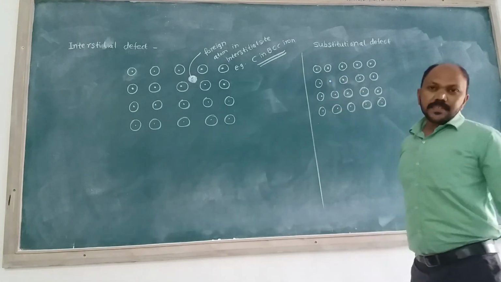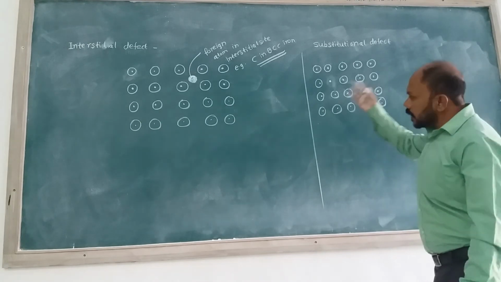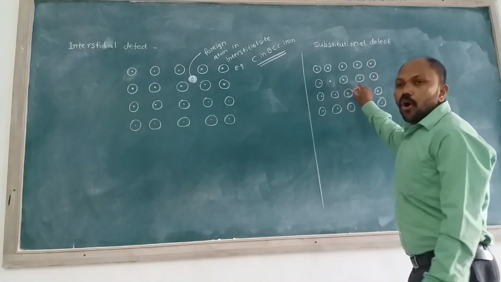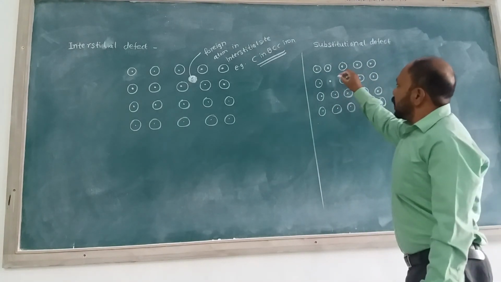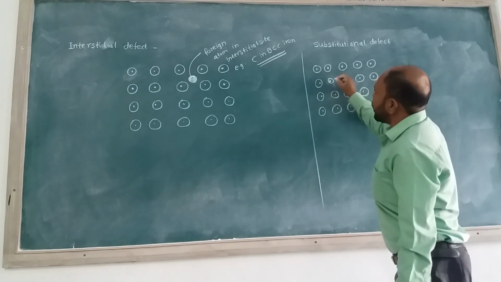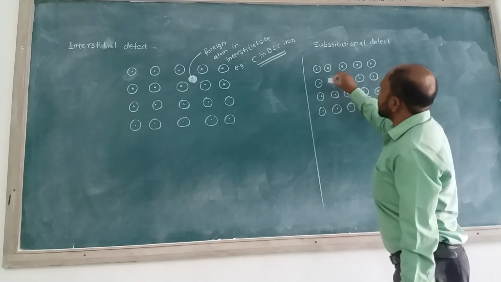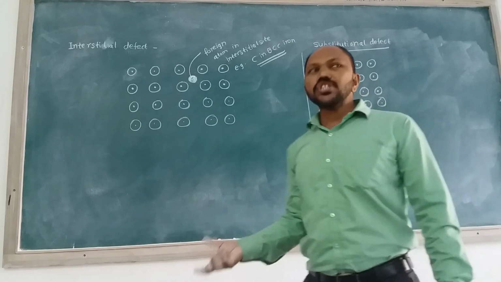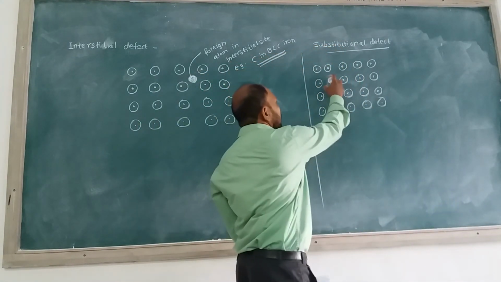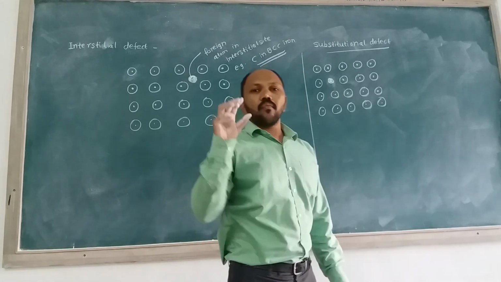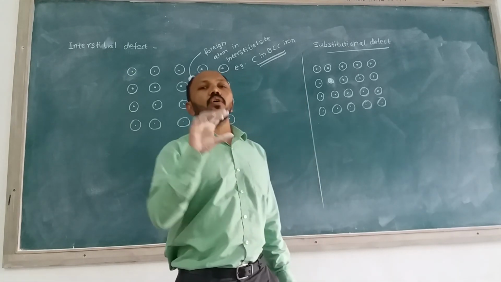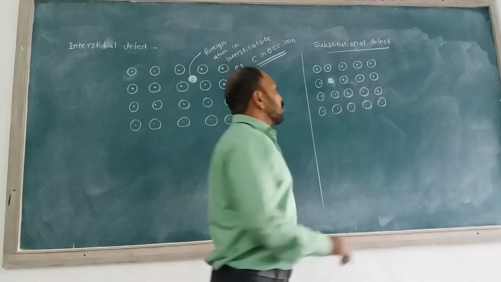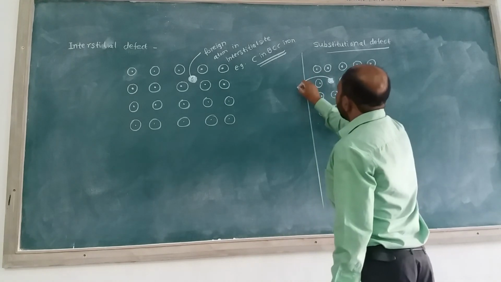If some vacant space is available here, and some foreign particle occupies the space vacated by this host atom or parent atom, and at that location the foreign particle is present, then it is called a substitutional defect. It is called a substitutional defect because it takes the position of a host atom. Okay, all these atoms are called host atoms, and if one host atom leaves its position, a vacancy is available there, and in that vacancy this foreign particle comes and sits. So this is the foreign atom.